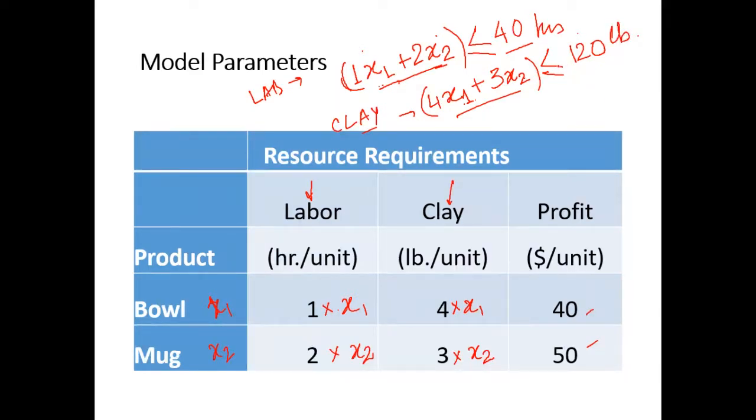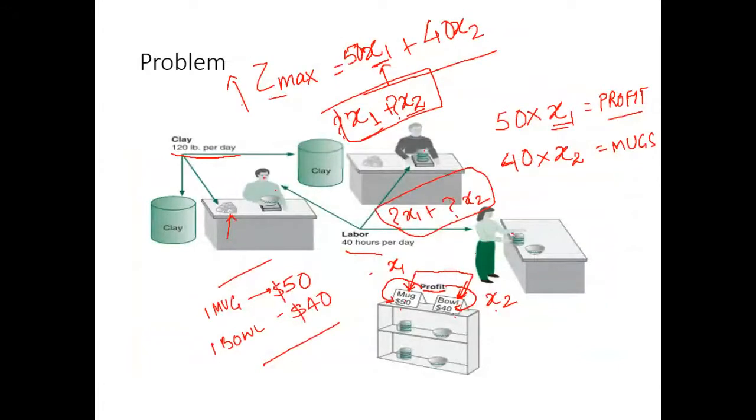So now we have Z max. Why? Because let's look at this picture. The company has a clay lump, the company has 120 pounds. So I make x1 mug, I make x2 bowls. Total should be 120. How many pounds of clay are required for making x1? 4 pounds. And here it is 3 pounds.